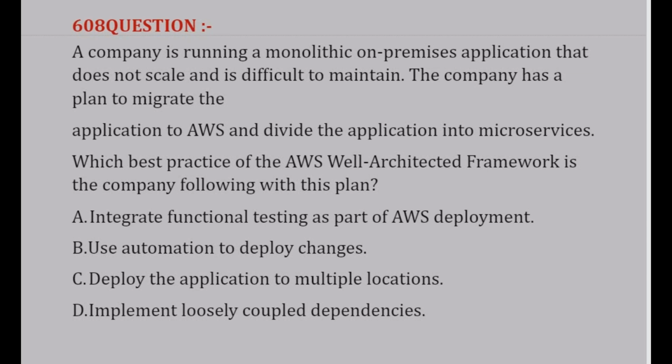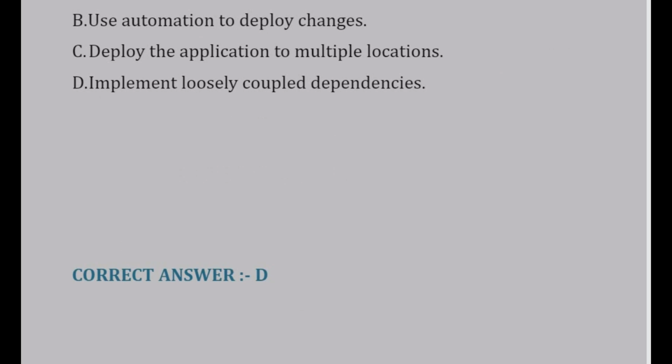Option A. Integrate functional testing as part of AWS deployment. Option B. Use automation to deploy changes. Option C. Deploy the application to multiple locations. Option D. Implement loosely coupled dependencies. Correct answer is option D.